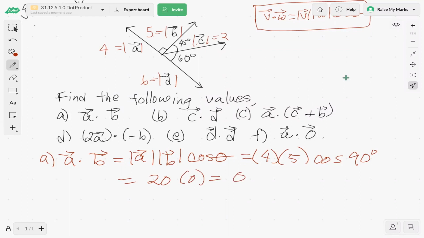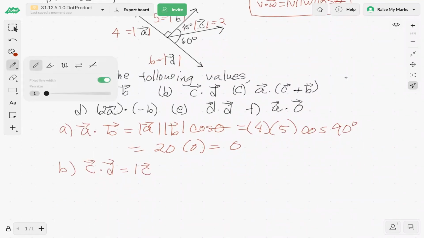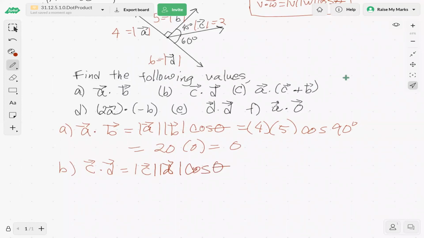That was easy. Okay, B, the dot product of C and D. The magnitude of C times the magnitude of D times the cosine of the angle between C and D. What's the angle between C and D?